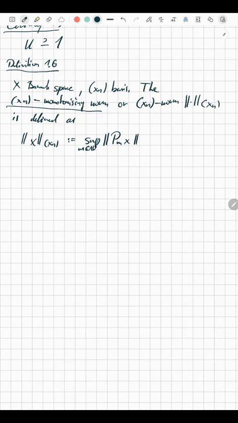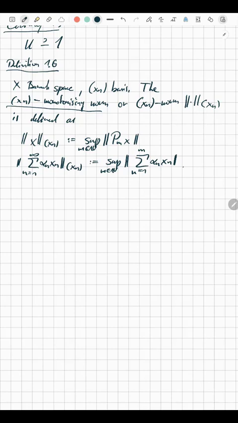And we can also think about it in the following way. Since every x has a representation according to the basis, we can put in here exactly that unique representation. And so this is defined as the supremum of the partial sums. This is exactly the same thing.